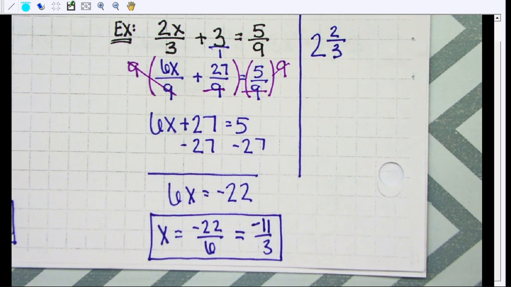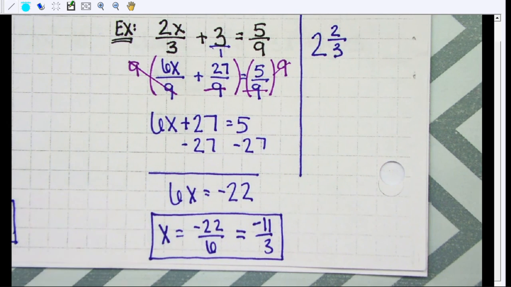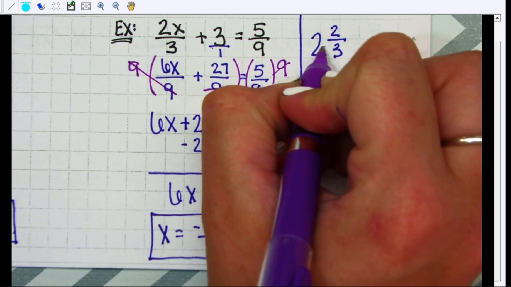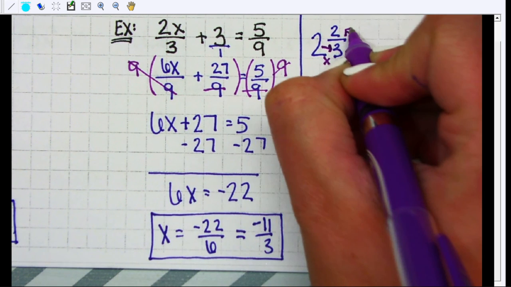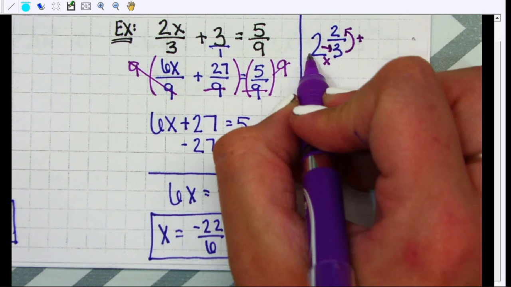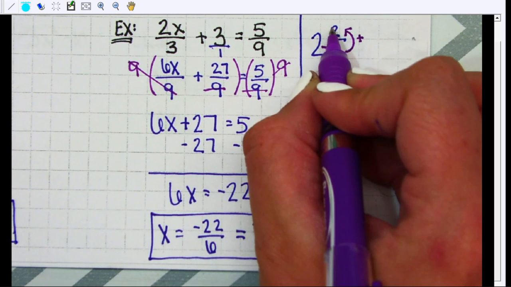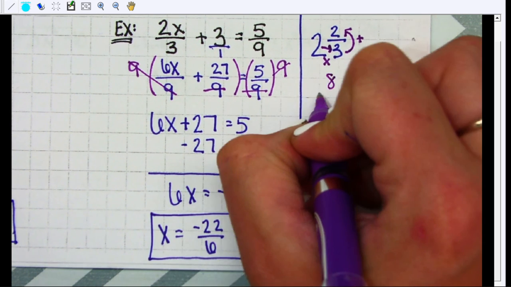Yes, good. So if you need to do this in your calculator, 2 times 2/3 is not the same as 2 2/3. So you can't do 2 times 2/3 to simplify that. So you would have to do 2 times the denominator, and then whatever you get, you add the top. So 2 times 3 is 6. 6 plus 2 is 8. So you would get 8 over 3.